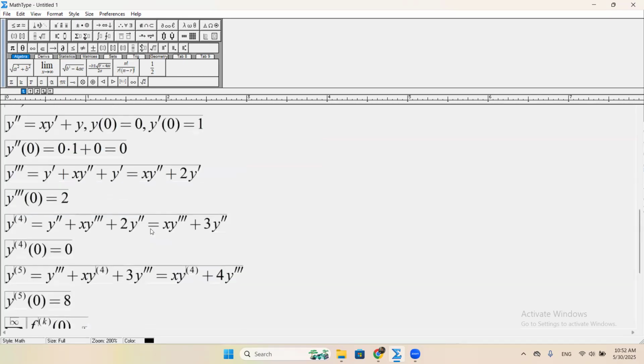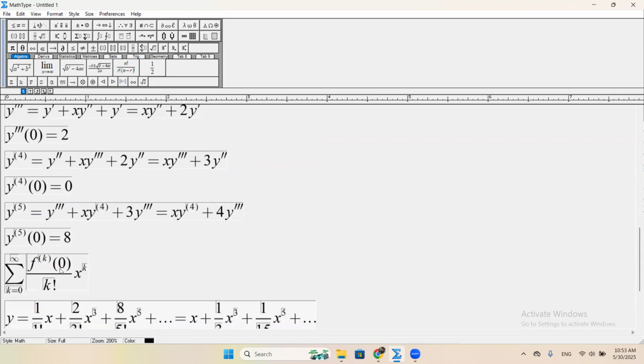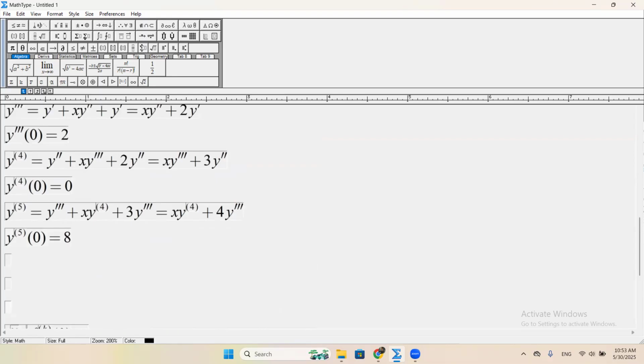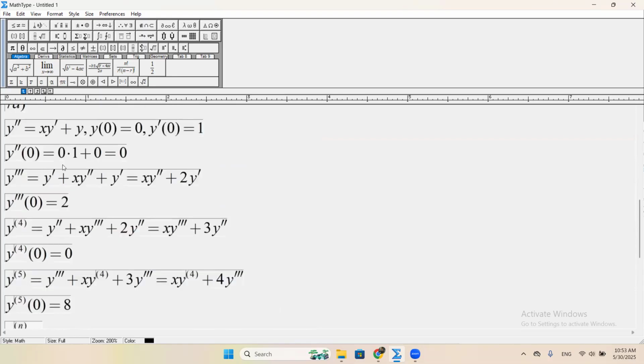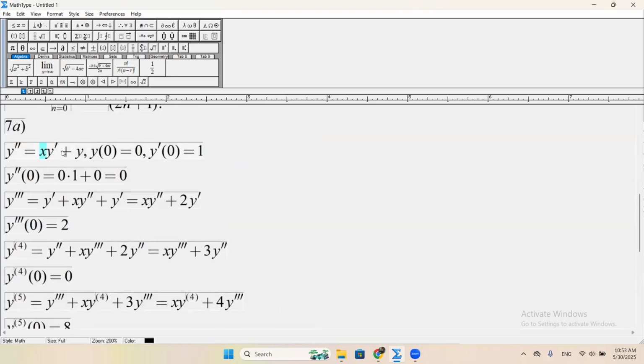And by the way, let us try to find the rule for these derivatives. So for example, how will the nth derivative look like? Looking at these first derivatives, so xy prime plus y.